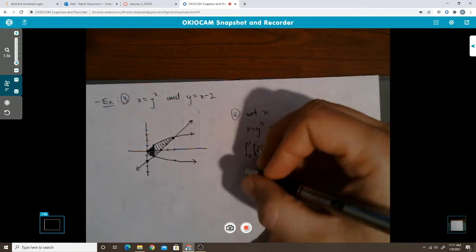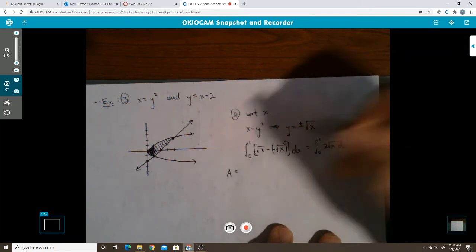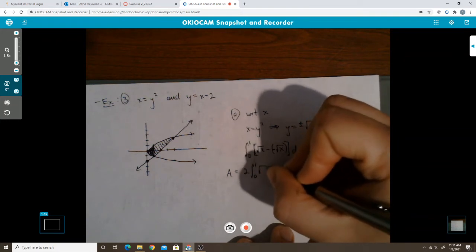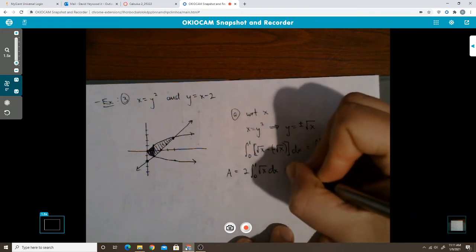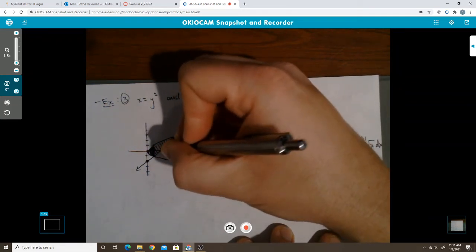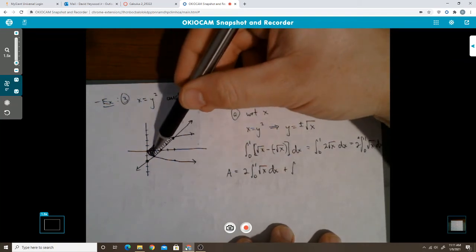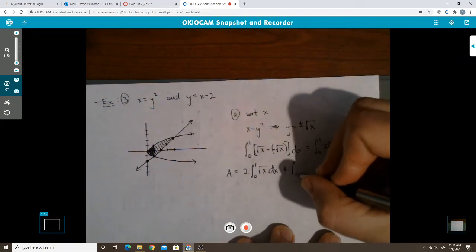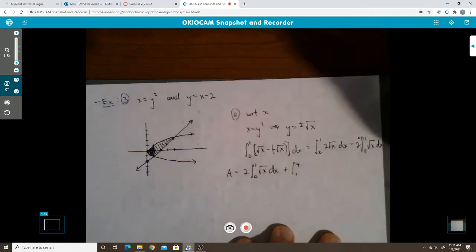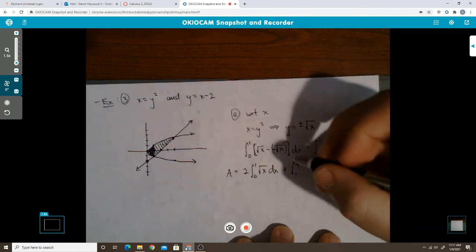In total, the area is going to be 2 times the integral from 0 to 1 of square root of x dx plus the integral from 1 to 4 of root x minus (x minus 2).